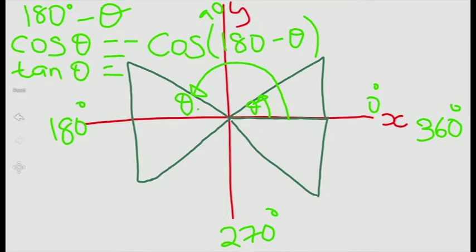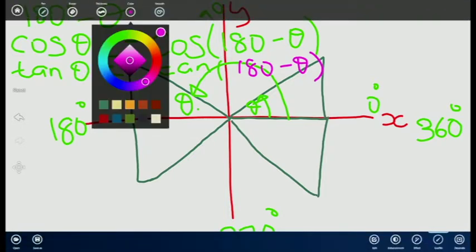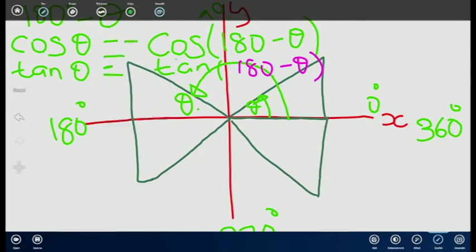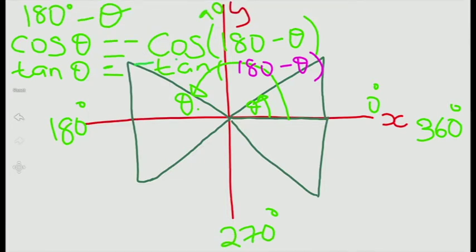The corresponding angles will have the same values of the tangent. So it will be the same as 180 minus theta. But this is the second quadrant, which means it's going to be negative. So we're going to have it negative. The same applies for sine.